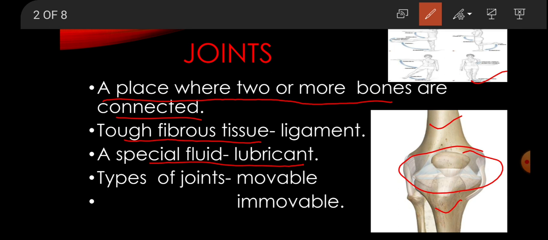All the joints except a few can move. Thus we have two types of joints, movable joints and immovable joints. Movable joints are those which can move, and immovable joints are those which can't move.